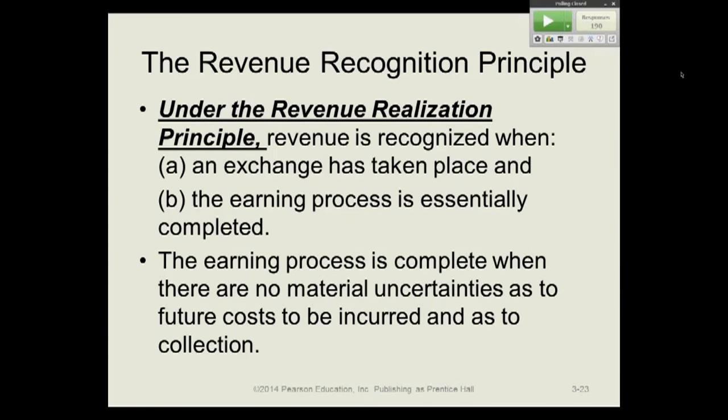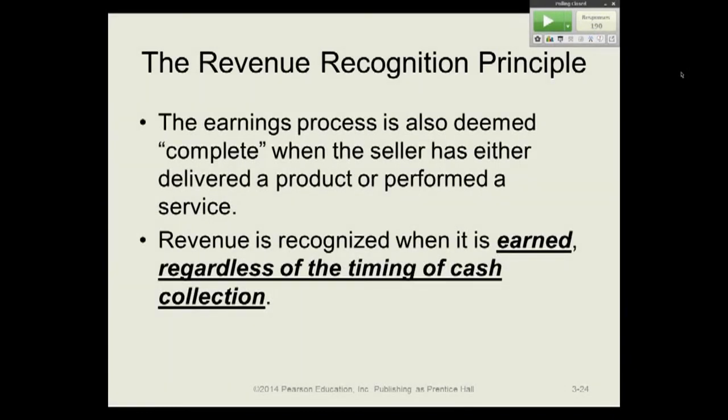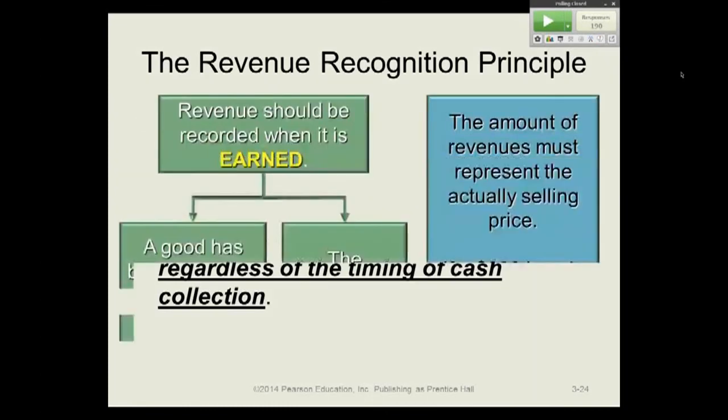We also say the earning process is completed when the seller performs all the needed services that they should. There's a question about whether or not a warranty is actually given at that point in time. Nonetheless, we recognize revenue generally at the point of sale.